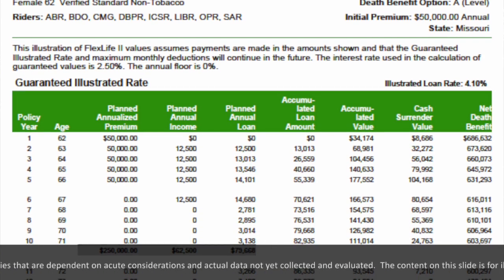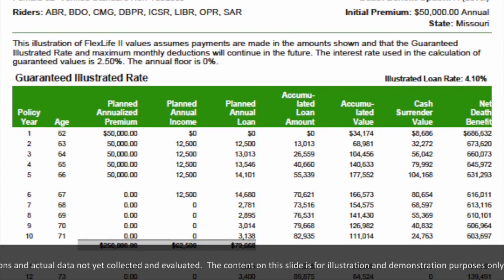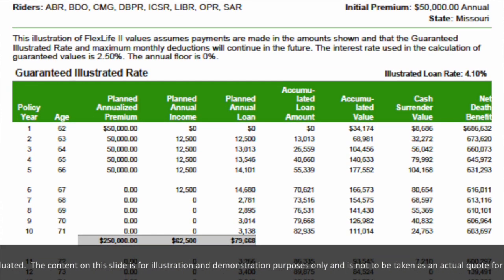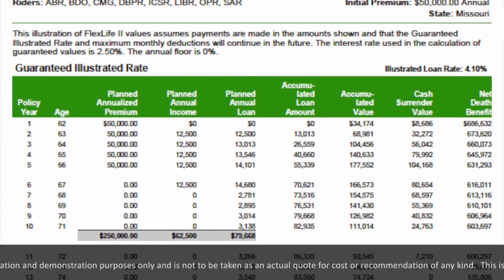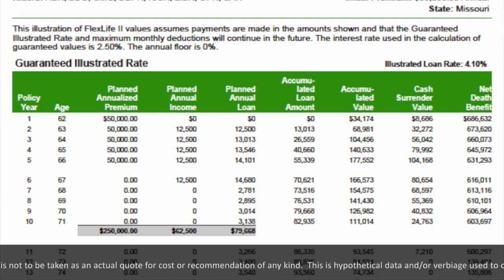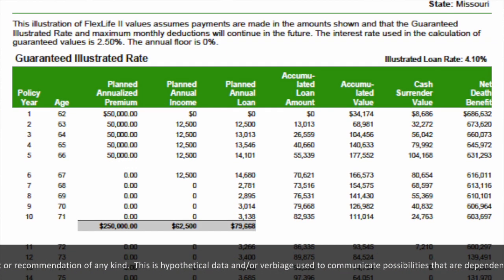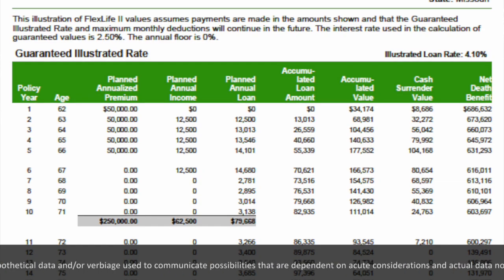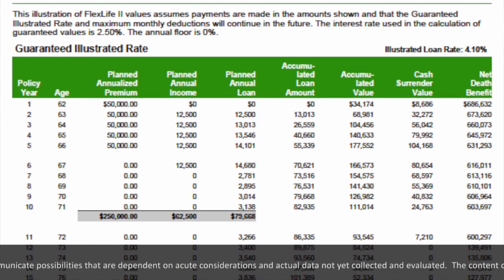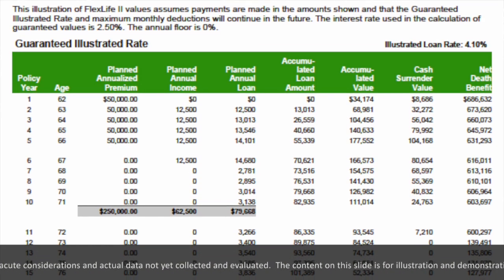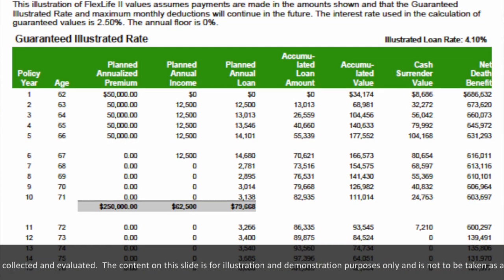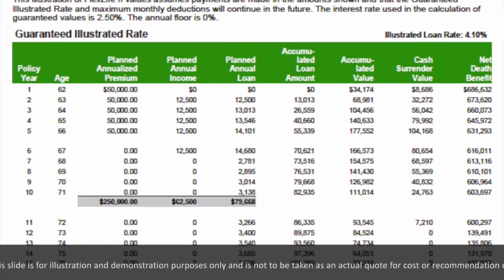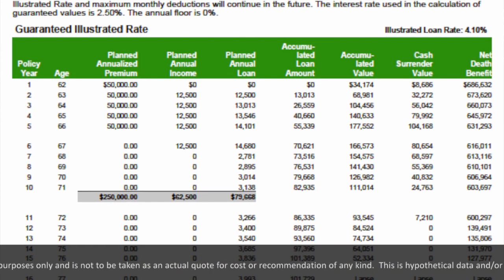And the planned annual loan that shows you basically how that planned annual income is being provided for. The accumulated loan amount, that is exactly what it says. The accumulated value is the actual value in the policy.